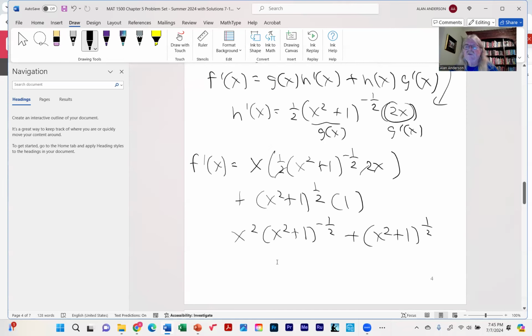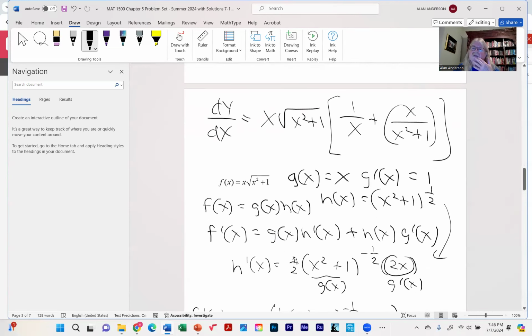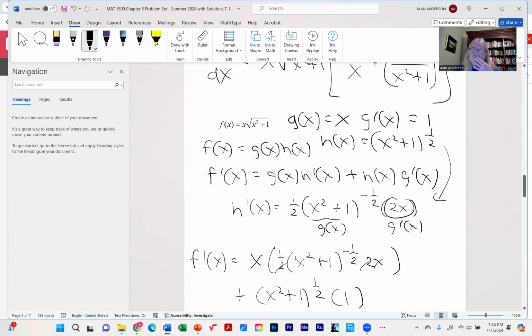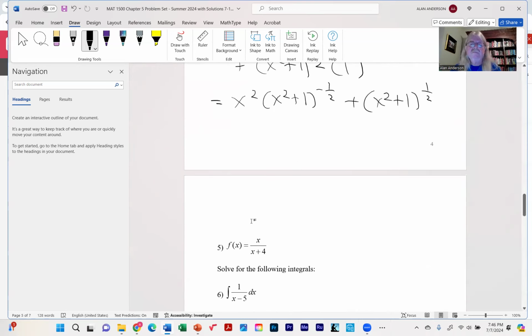If you want to algebraically manipulate it, you'll see that they are the same thing. But sometimes the log approach works better. Sometimes the direct approach, like this one, works better. But it's good to know that we have at least two different ways of getting to the same result.